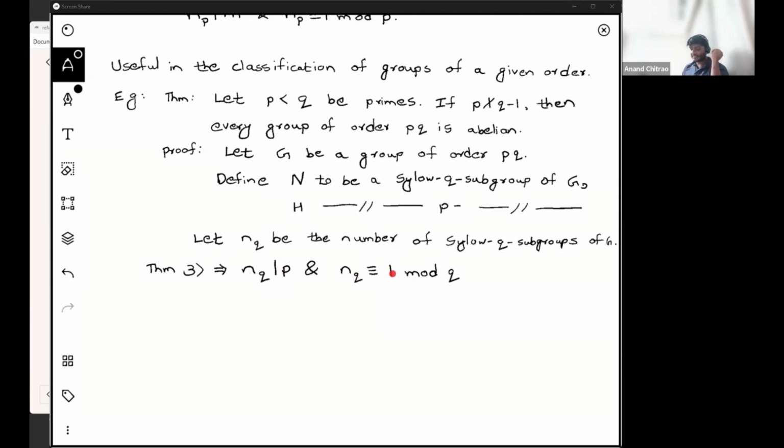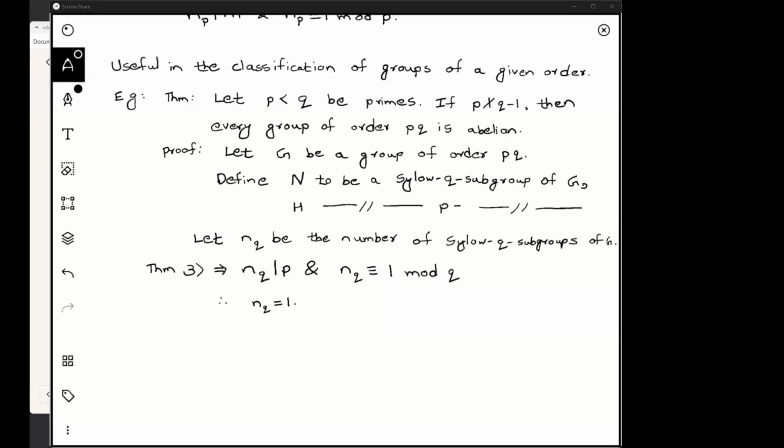P does not satisfy this condition because P minus 1 is a number smaller than P, which is smaller than Q. So Q cannot divide P minus 1. So this forces nQ to be 1. Is this clear? Yes, sir.